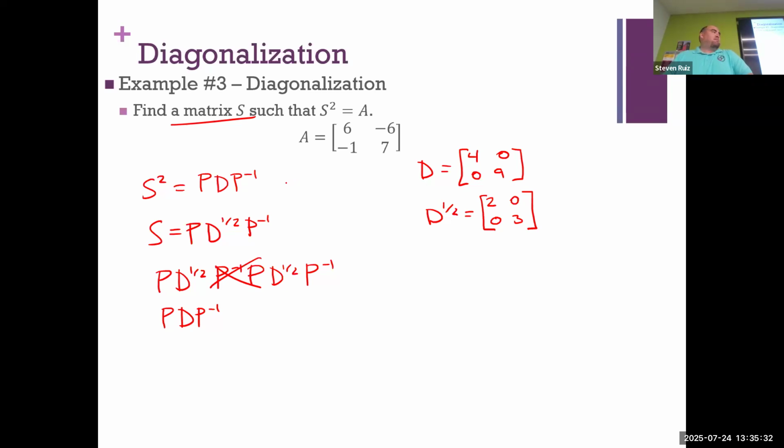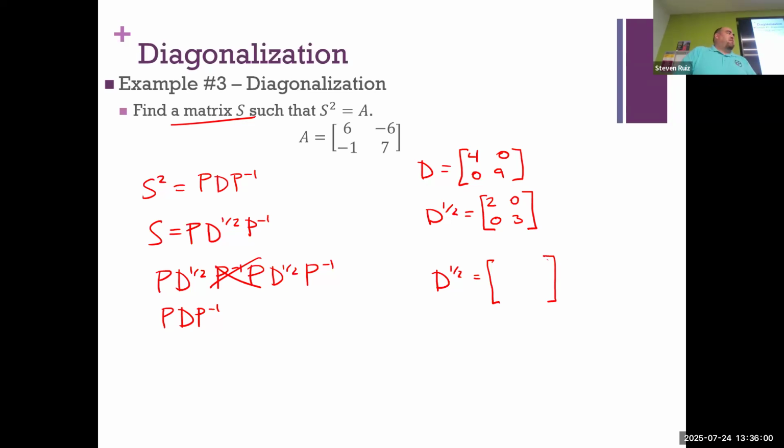I think there are 3 others. Because basically what you did is this. Why did you give me the numbers 2 and 3? Where did they come from? Square root of 4 and 9. So there are numbers that if you were to square them, they would become 4 and 9, right?